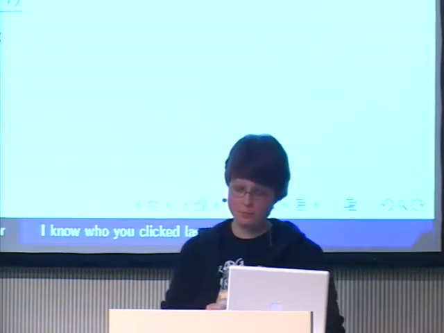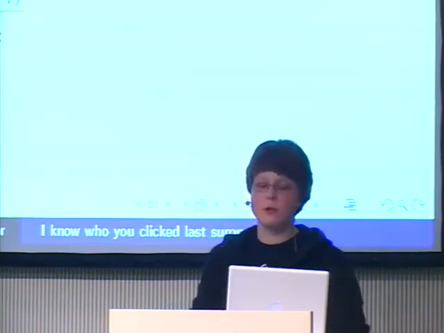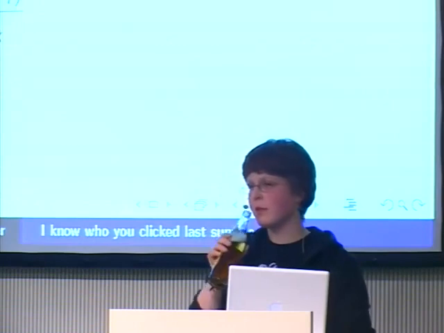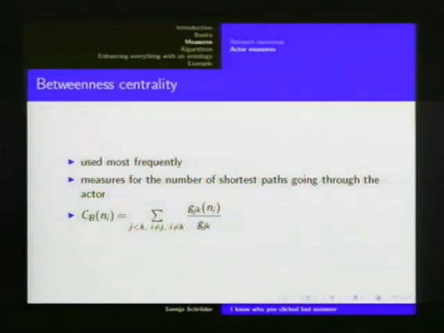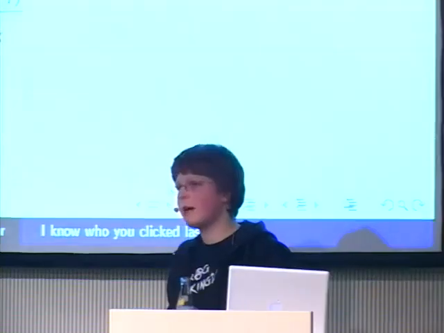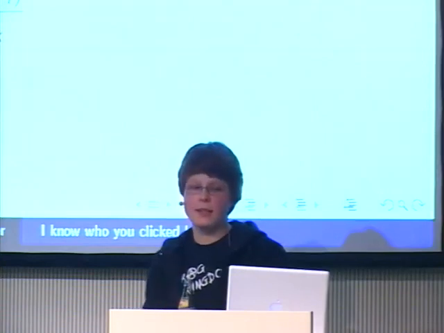Betweenness centrality is used most frequently. This one measures the number of shortest paths going through the actor. That means a person with a big betweenness centrality sits on very many distances between other actors. I'm always thinking of the spider web metaphor, but maybe that's not really right.